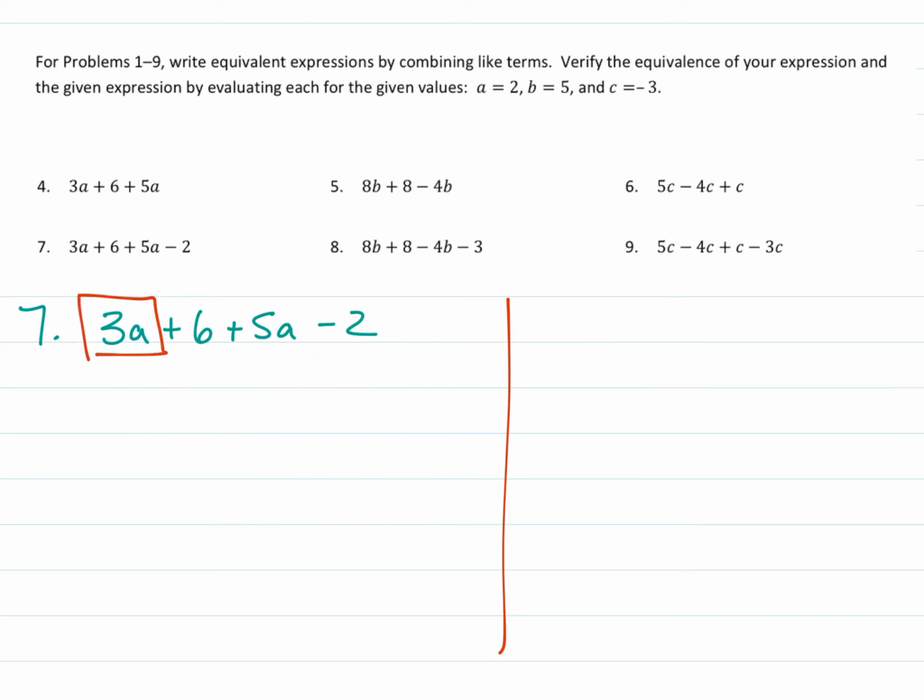I can combine my variable pieces and my variable pieces and my number pieces with my number pieces. 3a plus 5a is 8a. 6 and negative 2 make 4. A is going to get swapped out with a 2.